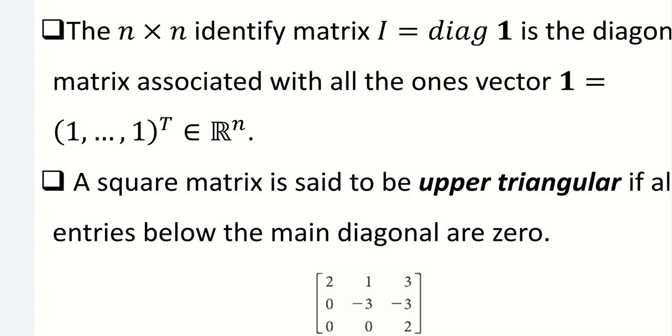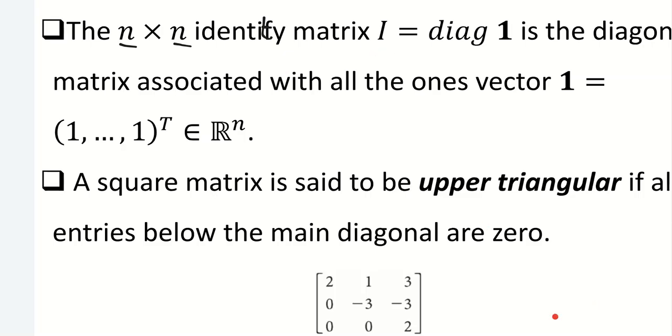So when you have a square matrix that is also an identity matrix, the diagonal will be 1.